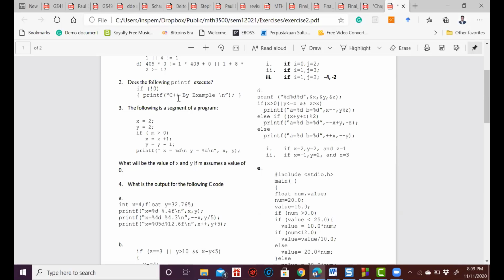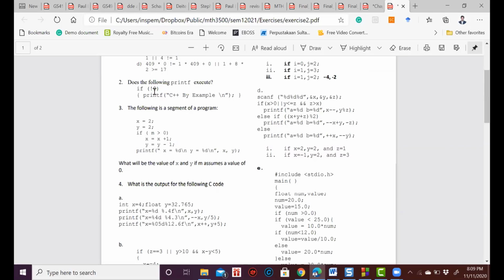Because the logical expression must be true. Must be true. Okay, sorry, sir. Sorry, doctor. The answer is the compiler can run. Okay, who is this? Badrul.